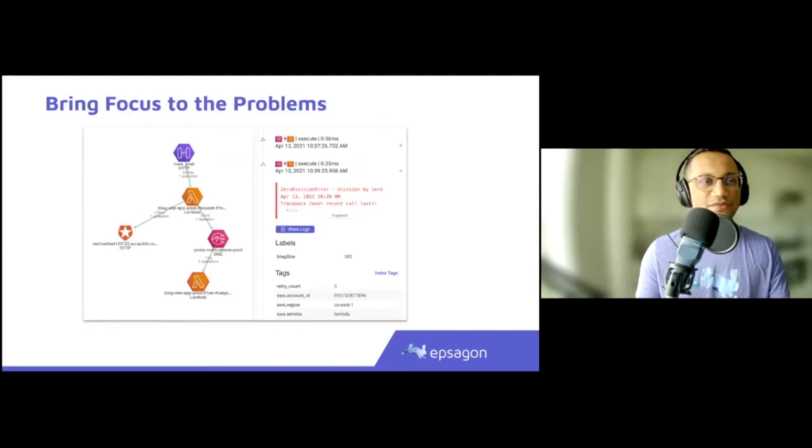As I mentioned before, a trace essentially is a flow of user requests through a subset of microservices. So you can bring focus to the problems using a distributed tracing based approach. This basically takes down the guesswork that is required to figure out where exactly the problem is happening. And it gives you a few microservices where you can focus all your efforts on while troubleshooting.